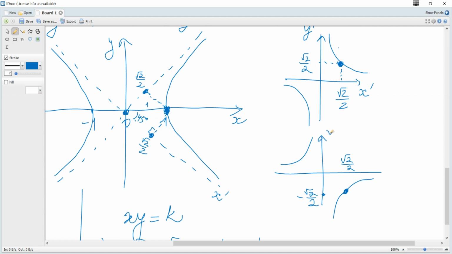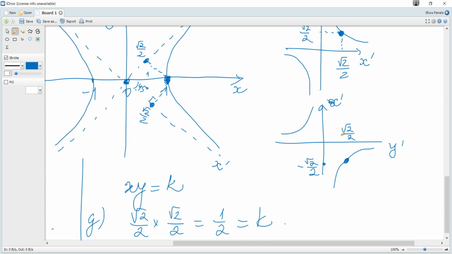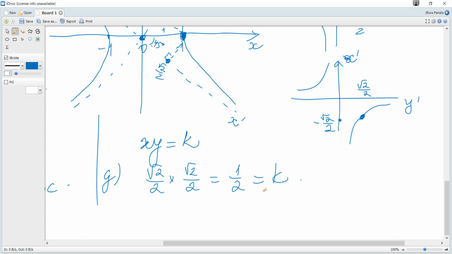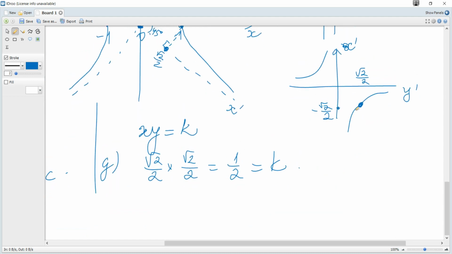It doesn't matter actually, it's not needed to draw these new graphs, you just need to find the possible k values, and hence we can see that a point on the new graph is root 2 over 2 and negative root 2 over 2, so we can substitute root 2 over 2 for x and negative root 2 over 2 for y, and get that the second possible value of k is negative a half.